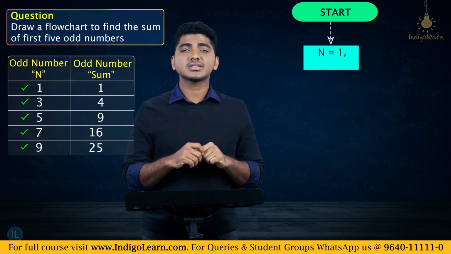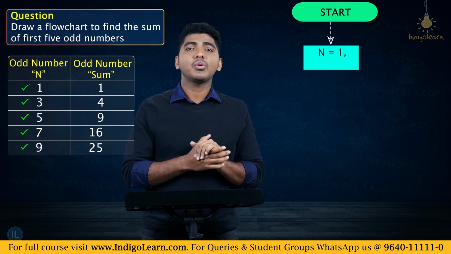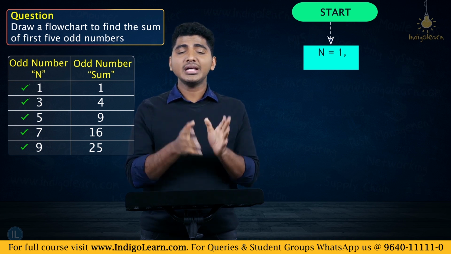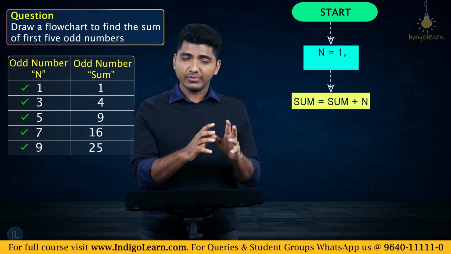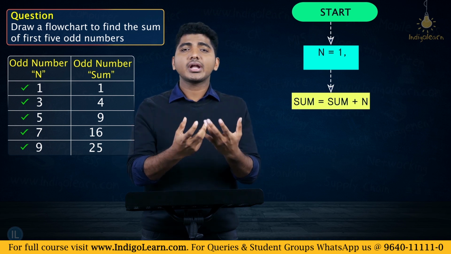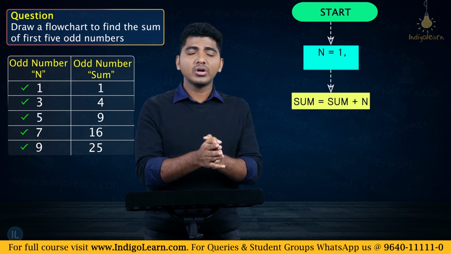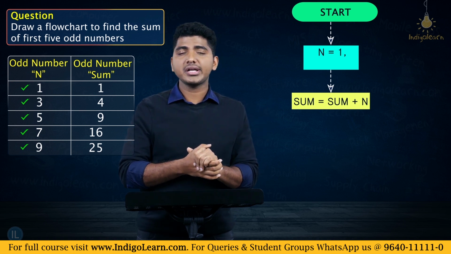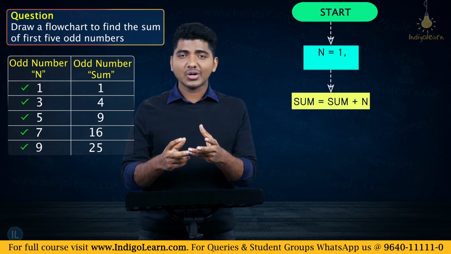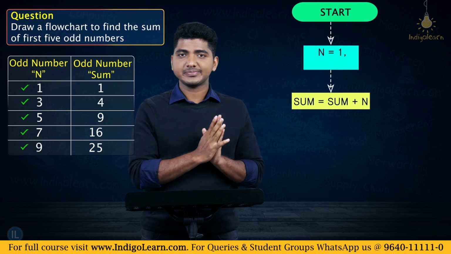Then I need to tell the system to do the calculation. The calculation is sum is equal to sum plus n. If you really want to understand it, you write new sum is equal to old sum plus next odd number. In shorter form, I write sum is equal to sum plus n.